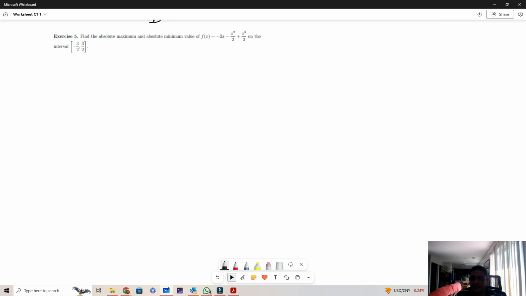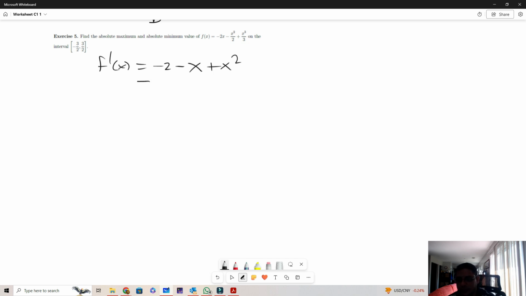Okay, now for exercise 5, this is a very similar situation to what we had before. We're finding the maximum and the minimum in an interval for a given function. So first, let's find out what the derivative is. So f prime of x is minus 2, and then minus x, and then x squared. So this is a polynomial of degree 2.